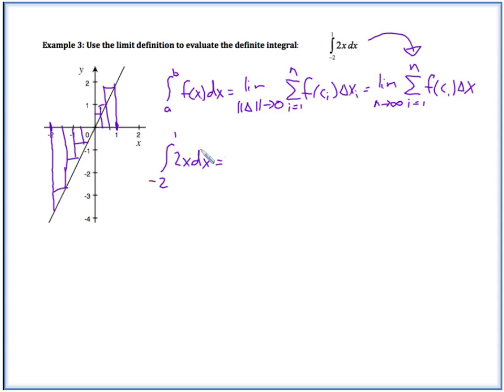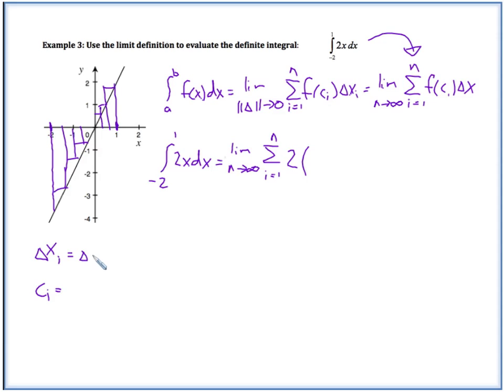jumping straight to our limit here. So the limit as n goes to infinity of the sum from i equals 1 to n of f of c sub i. So 2 times, well, we've got to find our c sub i. So let's go ahead and do some of that work over here. And remember, before we do any of that, we need to find delta x sub i.